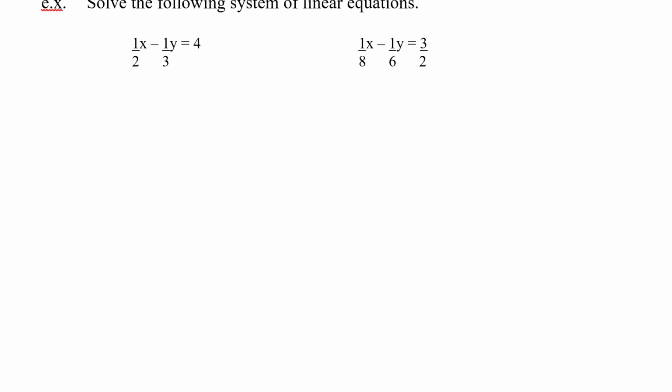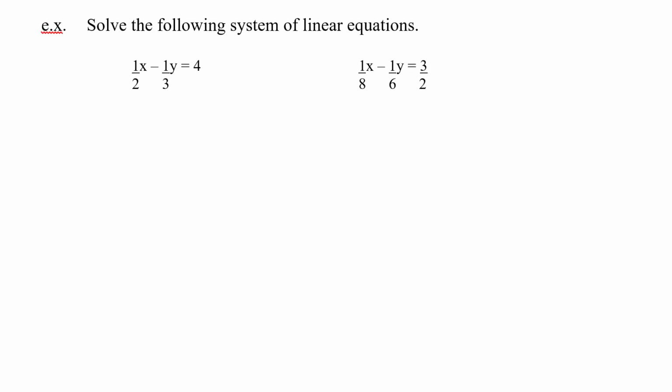So before I even start trying to isolate, I'm going to change my equations. So find the LCM of this first equation, 2 and 3. So the LCM of the denominator, well, what's the LCM of 2 and 3? Well, the answer is 6.